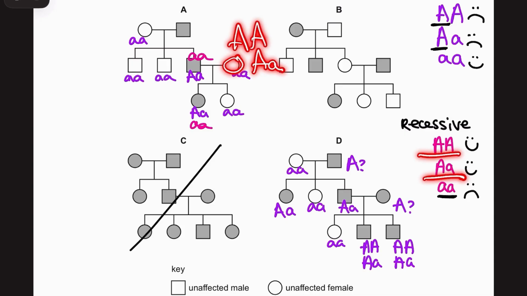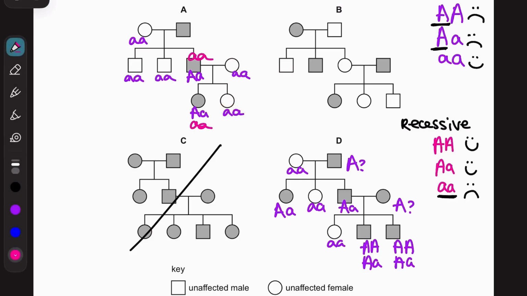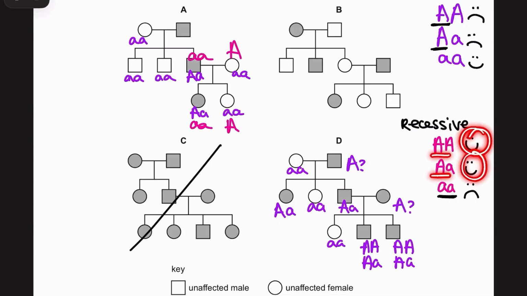However, the fact that they have a daughter that is a white one, which means that is unaffected, means that this daughter must have at least one big A. I repeat, as long as you're white, you have to be at least one big A, because one big A is protective. That's why you're white. That's why it's a smiley face, isn't it? And therefore, you can work back now.